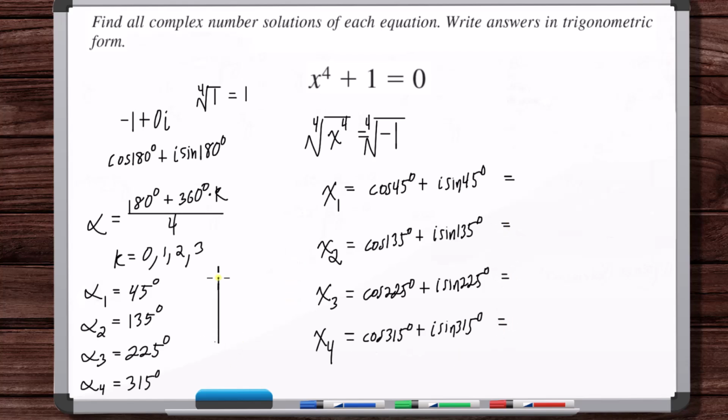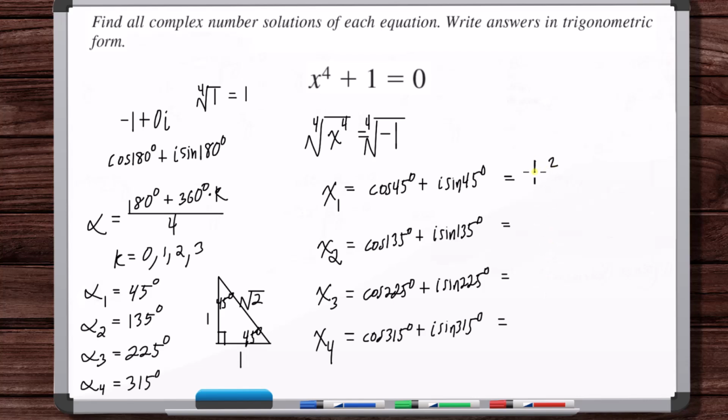So let's use the 45, 45, 90 triangle. 45, 45. So 1, 1, root 2. All right, first quadrant, well, that's easy. 1 over root 2, which would be root 2 over 2.